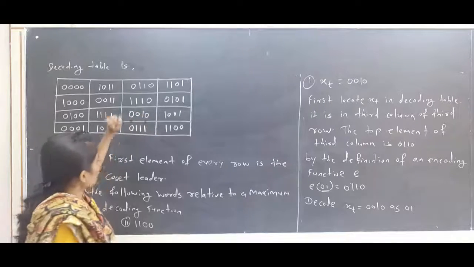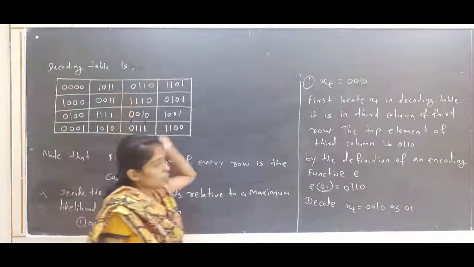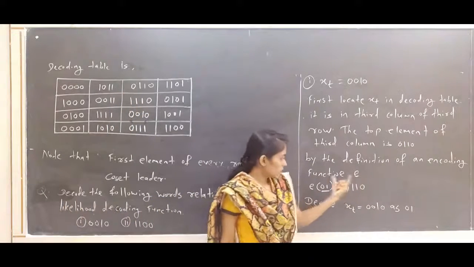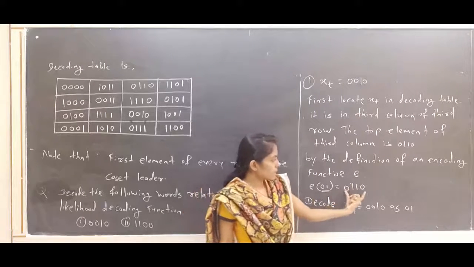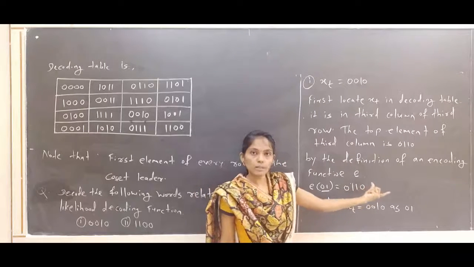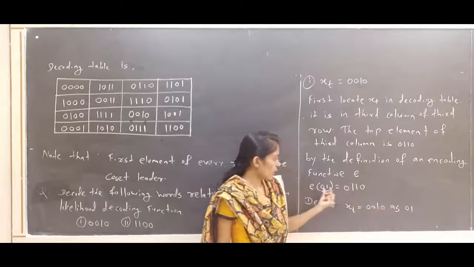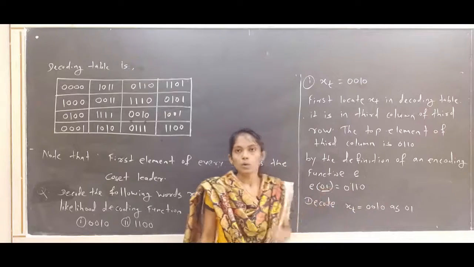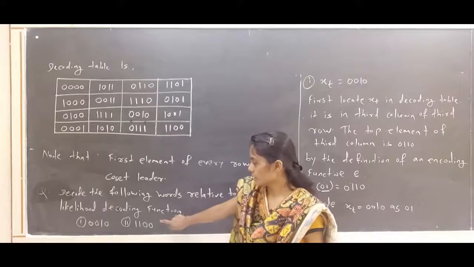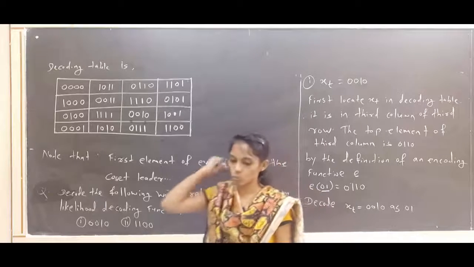Now by using the encoding function, we get E of 0 1 equals 0 1 1 0, and then decode xt 0 0 1 0 as 0 1.